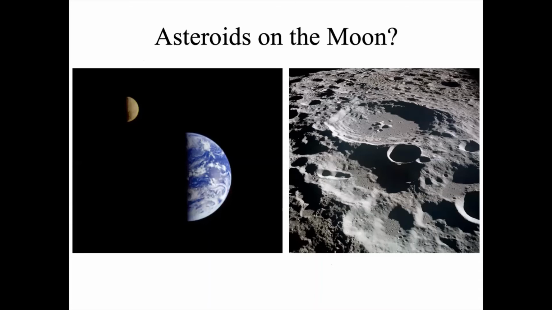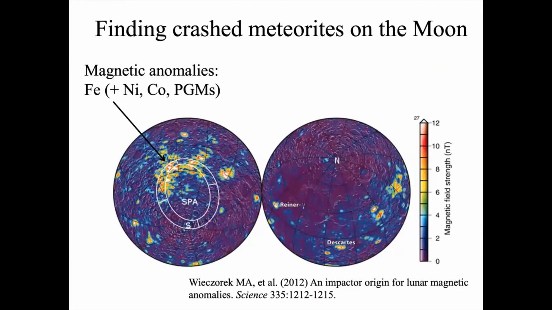So potentially, if not all the asteroid material is vaporized on impact, then there may be fragments of asteroids on the moon. If there were, then going to the moon to find fragments of asteroids from a resource point of view might be easier than going to the asteroids, because the moon is much closer to the Earth. It's uniformly close to the Earth.